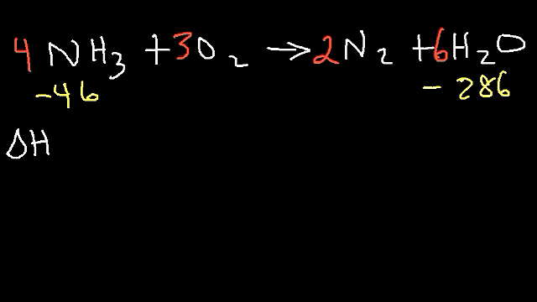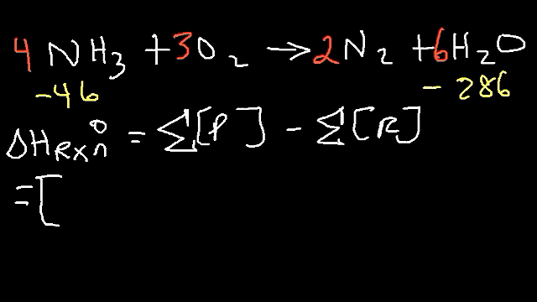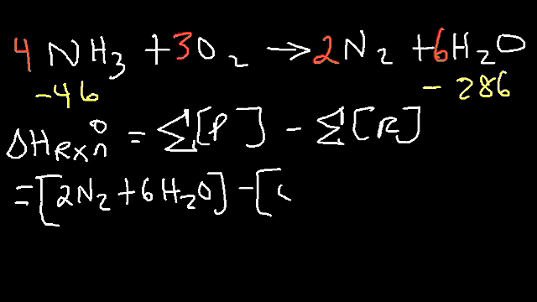So to find it, it's simply going to be the sum of the products minus the sum of the reactants. So on the product side, we have 2N2 plus 6H2O, and on the reactant side, we have NH3 and O2.